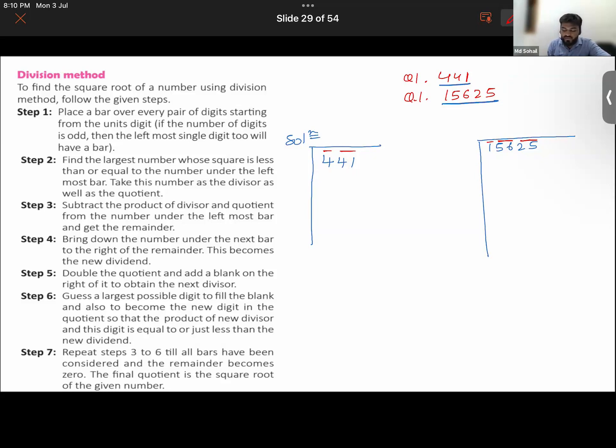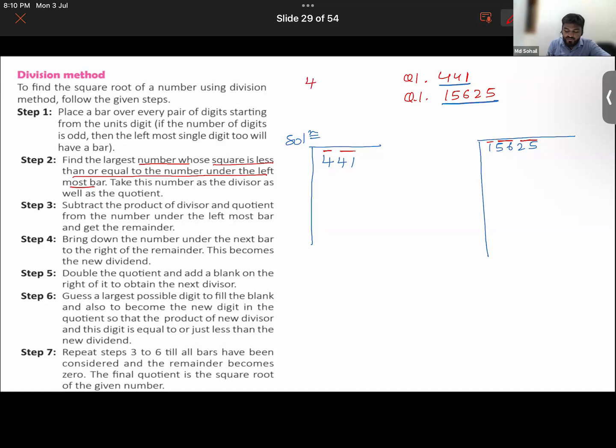Now also you need to take the number under the bar. Suppose you are calculating for this number 441, you are going to treat this 4 as the leftmost number, as the step says. Place a bar and then find the largest number whose square is less than or equal to the number under the leftmost bar.